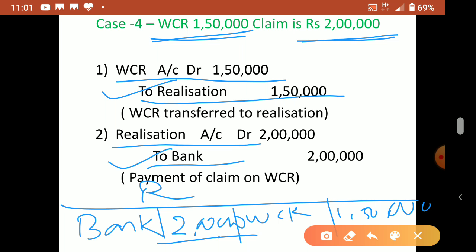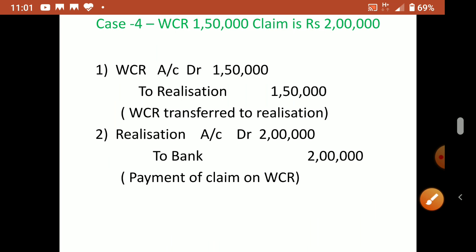Clear? Now debit side is 2 lakh, credit side is 1,50,000. So this is the debit side, means our loss side, no? Yes. On the credit side, if you get more amount, that is profit. So now loss side is 2 lakh, credit side is 1,50,000. That means you have a 50,000 shortage, that you have to adjust from other amount. So automatically it will get adjusted.